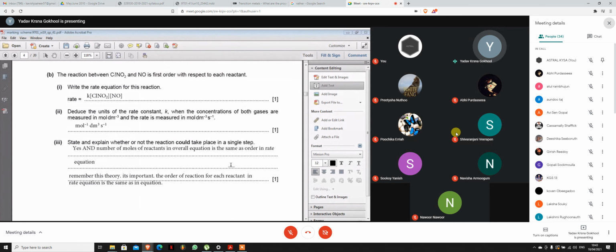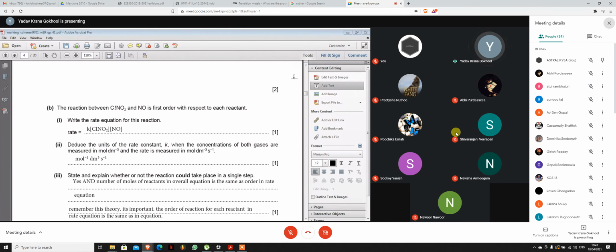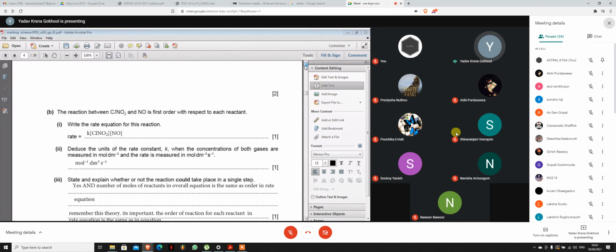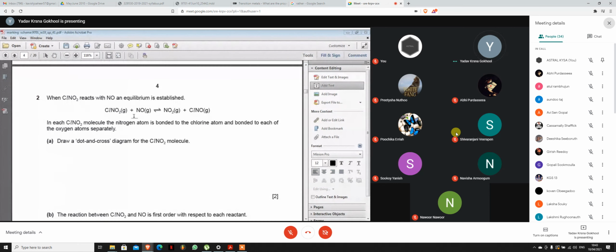You can see that we have already been given first order. Okay, so when we've been given first order, here, this is the rate equation. By coincidence, the order of the reactions and the number of moles are the same. So if the order of the reaction and the number of moles are the same, then we can say that it can go in one step.